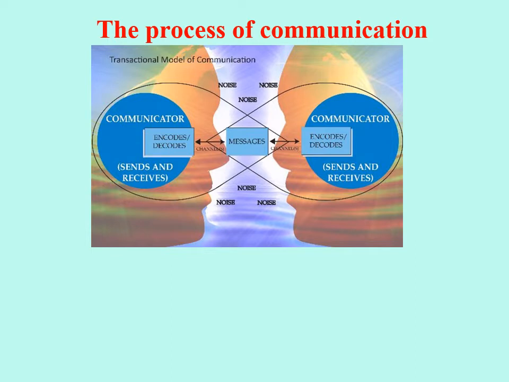The message may or may not be a perfect representation of the communicative intention. What the recipient receives is the message, and his or her job is to use their cognitive capacity to decode, make sense of the message that they received.